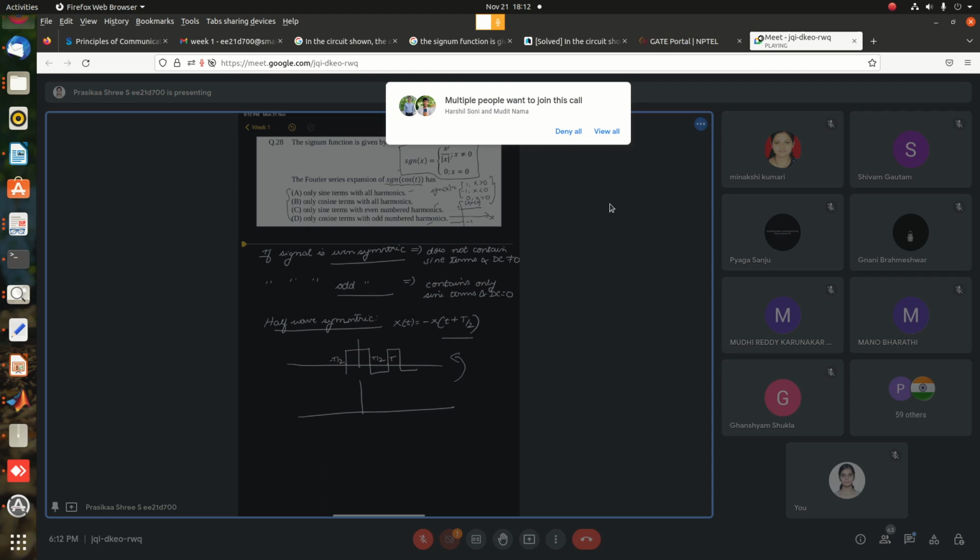What do you mean by shifting by T by 2? It can be either plus or minus. Shifting to the left, if you are shifting like this and reversing the amplitude, it will be something like this.